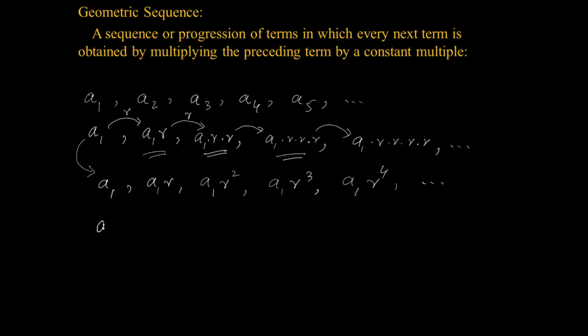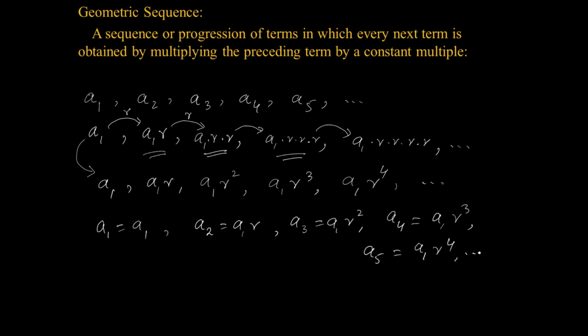The first term is a1, the second term is a1r, the third term is a1r square, the fourth term is a1r cube. What is the fifth term? The fifth term is a1r power 4, and so on.